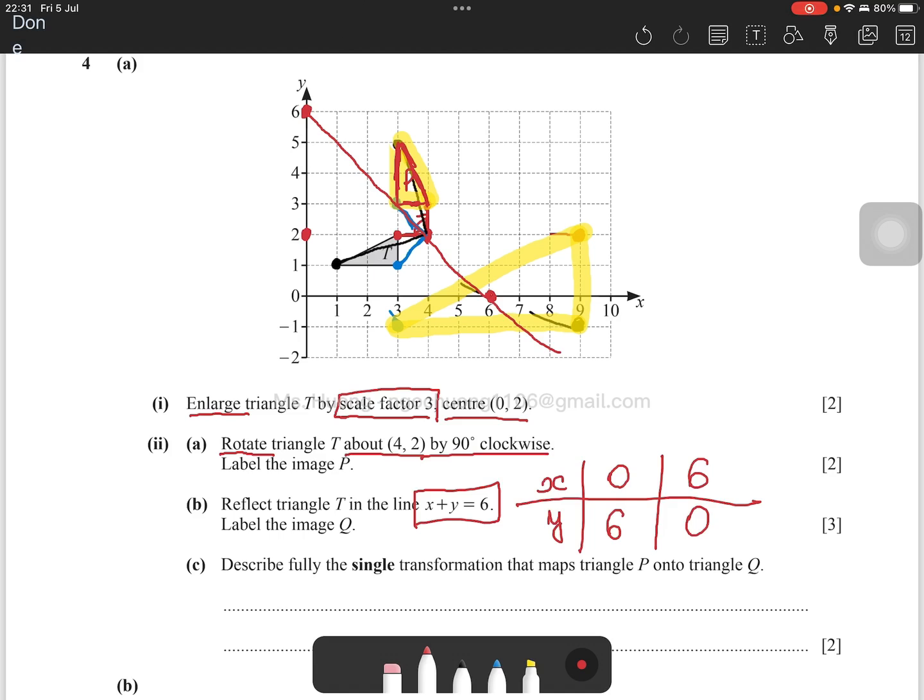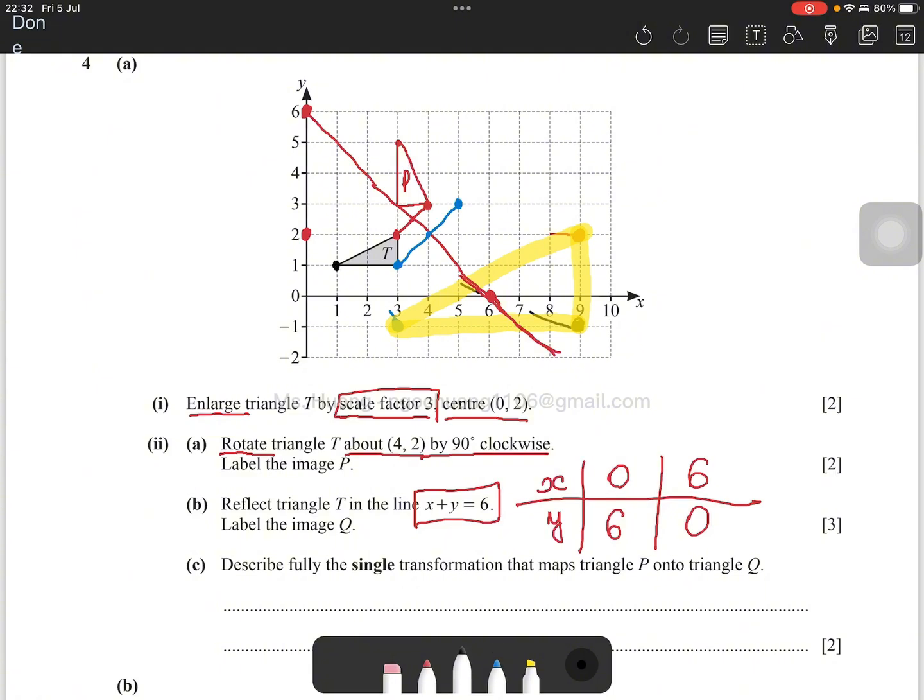So I'll draw this line. And now we reflect the triangle T over this line. To do that, you count from this vertex to the line. This is half of a unit, so we count on half of a unit, and the vertex will be here. Now for the second vertex, for the blue one, we count on 1 unit, so we continue to move on 1 unit, and the new vertex is here.